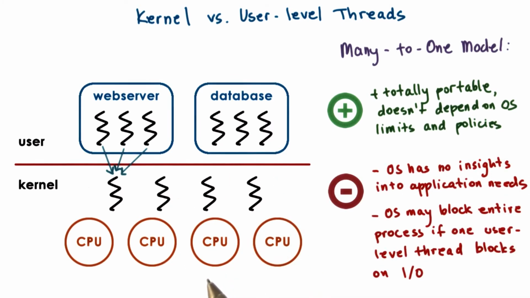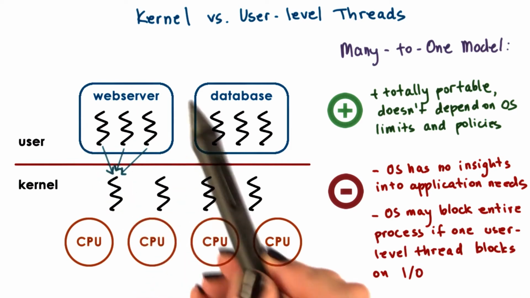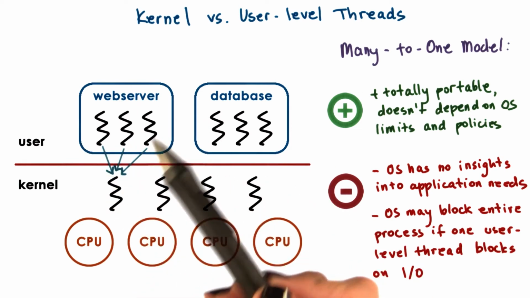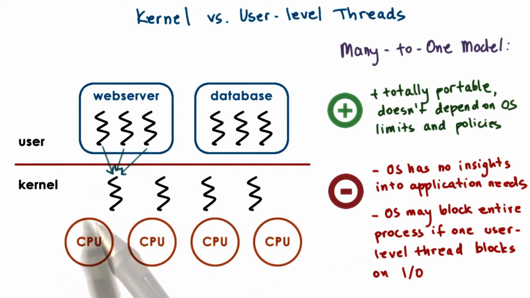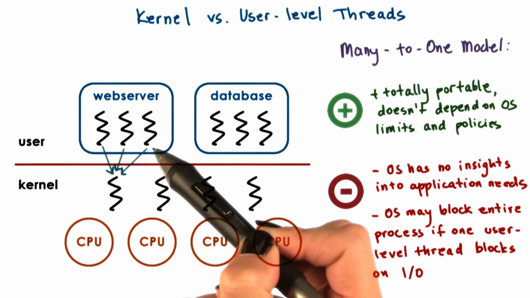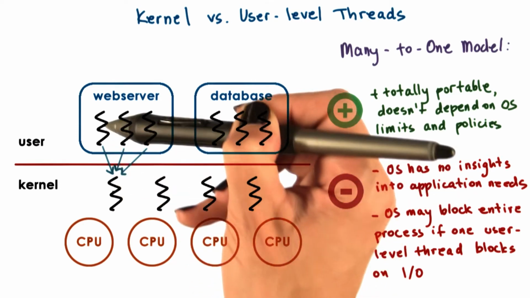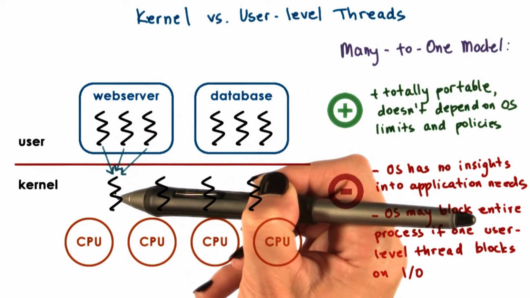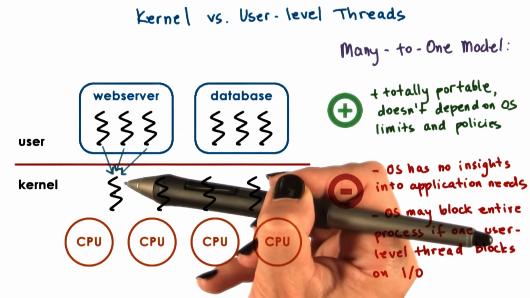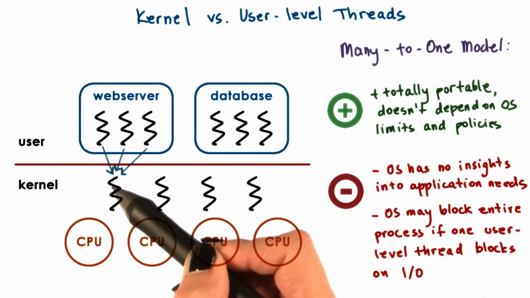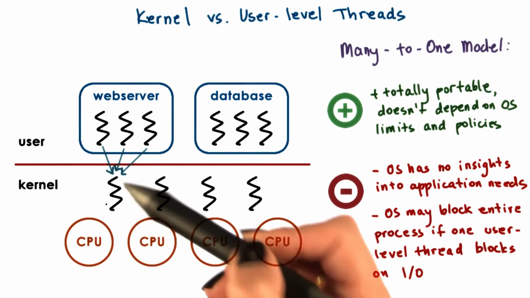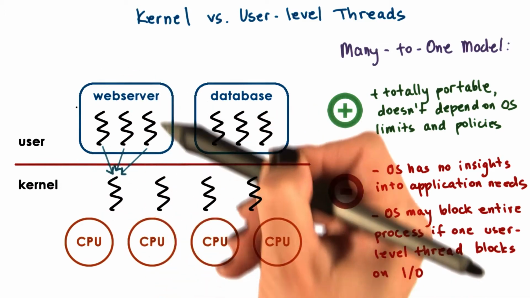The problem with this approach, however, is that the operating system has really no insights into the application needs. It doesn't even know that the process is multi-threaded. What the OS sees is just a kernel-level thread. So the real danger is that when the user-level library schedules one user-level thread onto the kernel-level thread, and let's say this user-level thread makes a request for an I/O operation that's blocking, the kernel-level scheduler will see that the kernel-level thread blocked, and it will basically block the entire process.